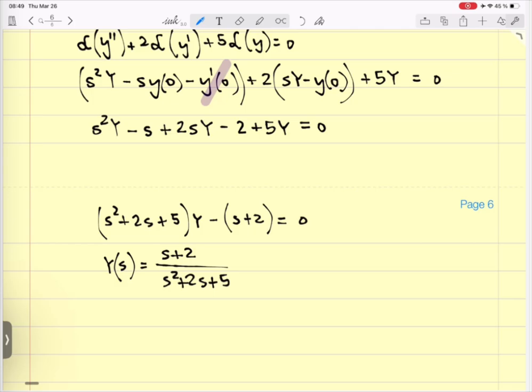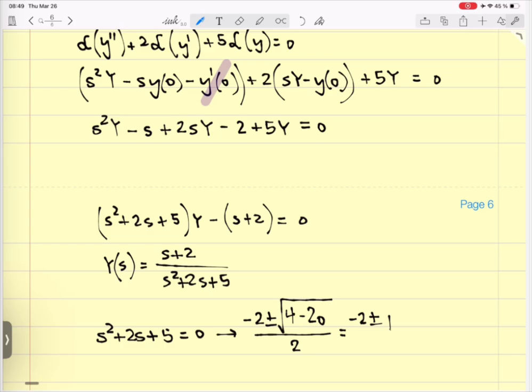So we have s squared plus 2s plus 5. We break this down into the roots: minus 2 plus minus the square root of 4 minus 20, divided by 2. This is minus 2 plus minus j times 4 divided by 2. So this is going to be minus 1 plus minus j times 2.